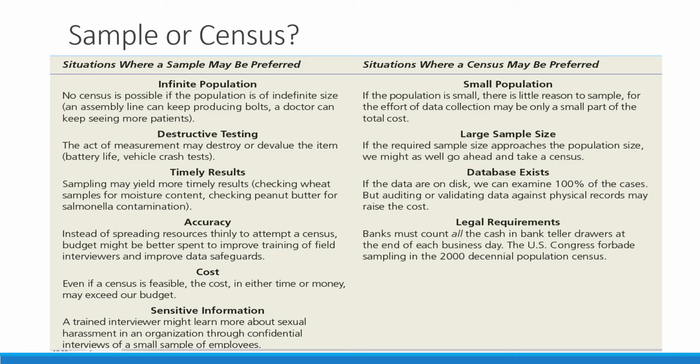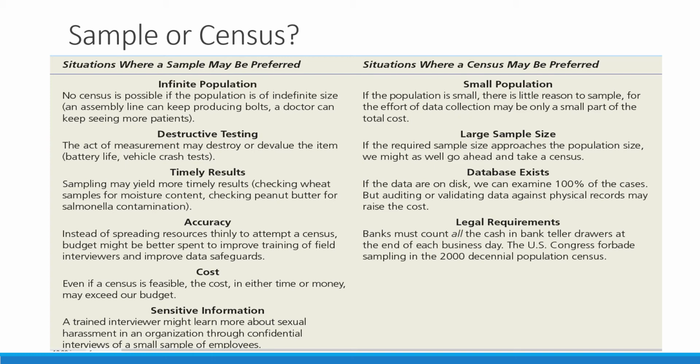Sometimes the data required is on a sensitive topic, like sexual harassment in the work environment, or the level of dissatisfaction of employees with their boss and something like this.